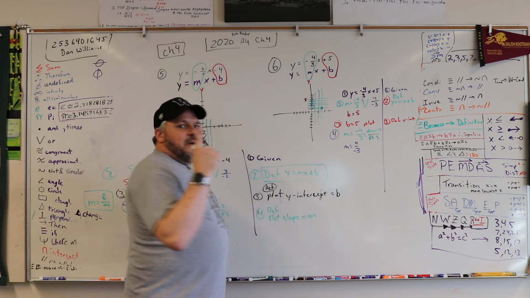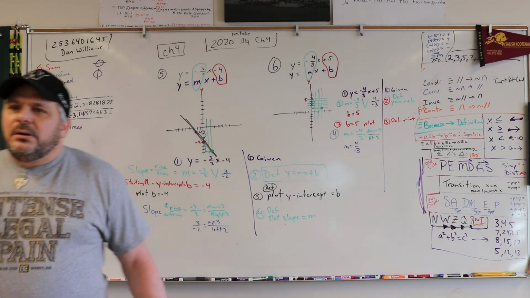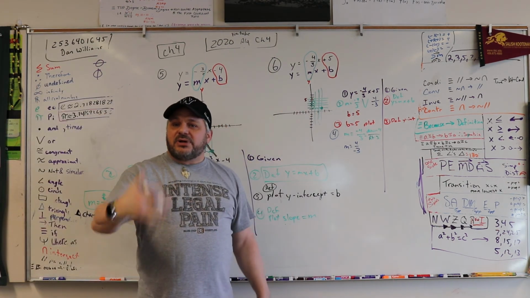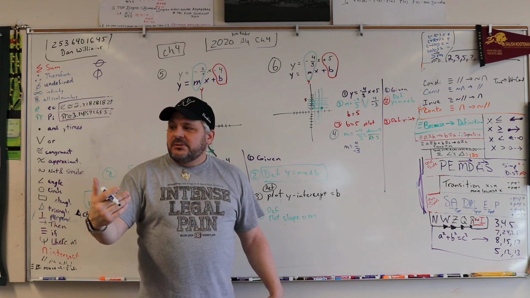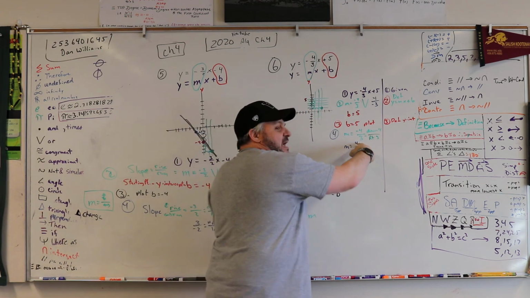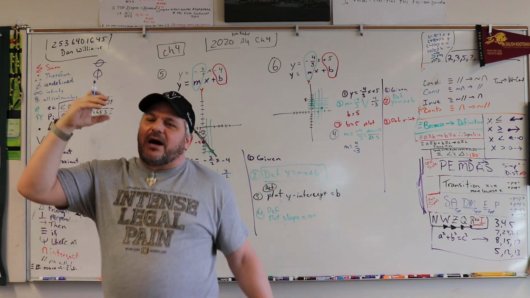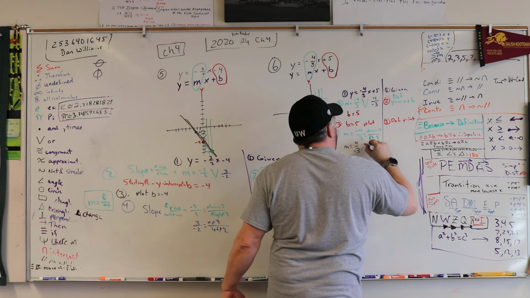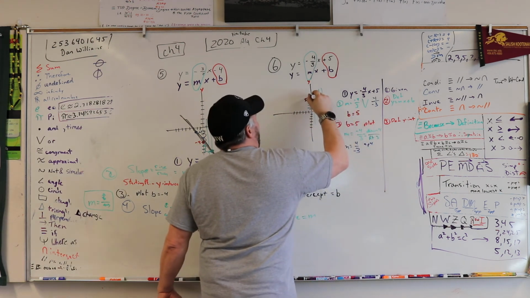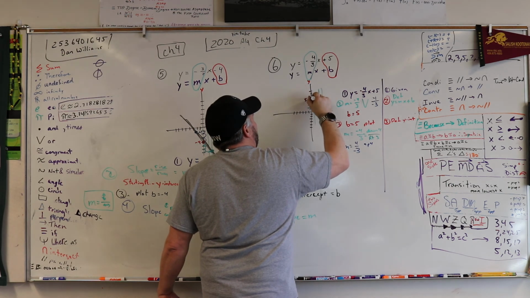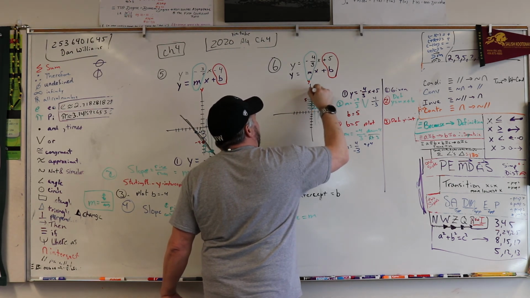So where do I start? At the red, right? At the starting point, at the y-intercept. I always start at the y-intercept, and then I'm going to go up or down. +4 is on the top. Up 4, good. So I'm going to go 1, 2, 3, 4.